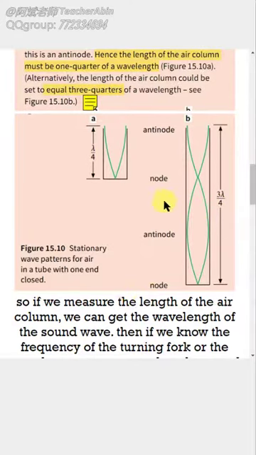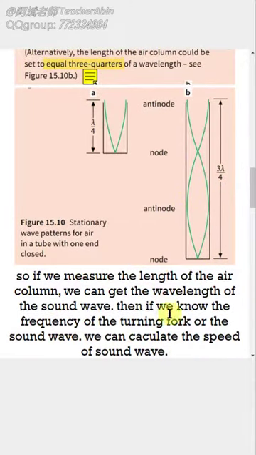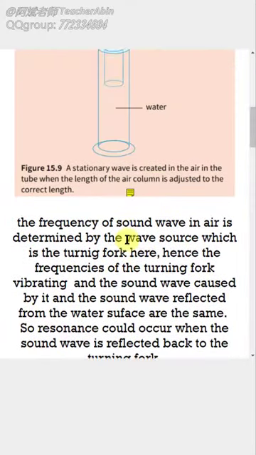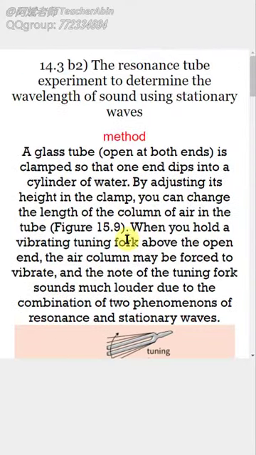So if we measure these lengths, we can calculate the wavelength. And then, if we know the frequency of the tuning fork or the sound wave, we can calculate the speed of sound wave in air. And this is the basic method and principle of this experiment.